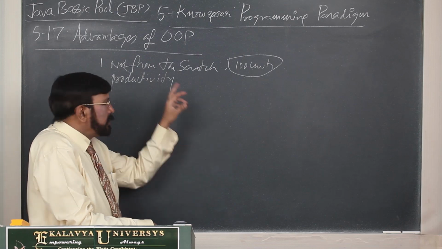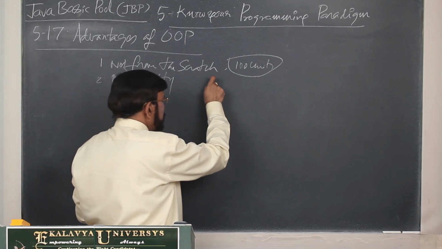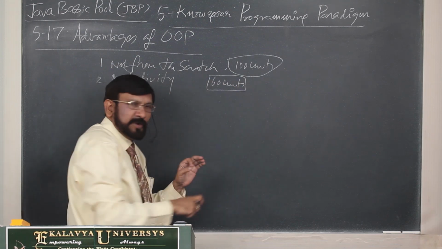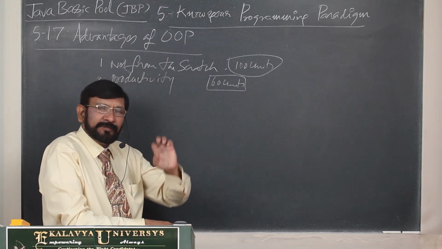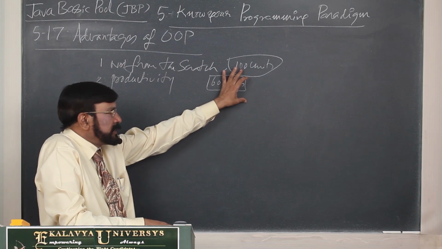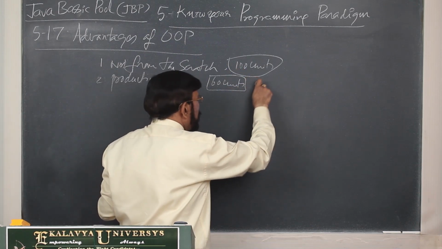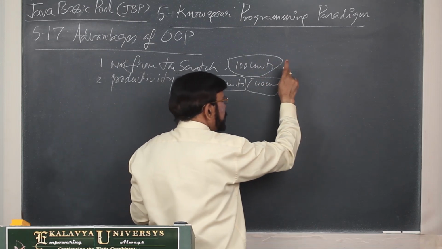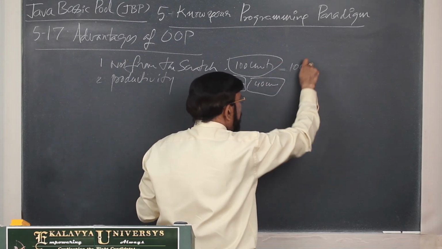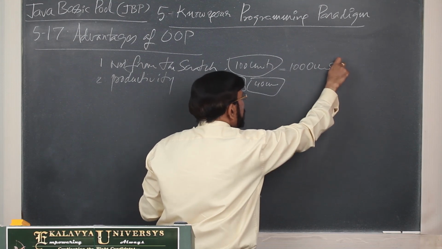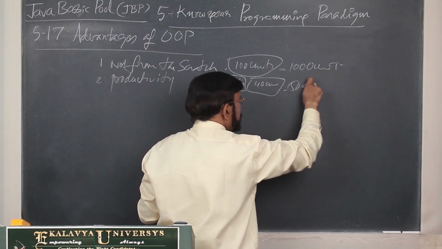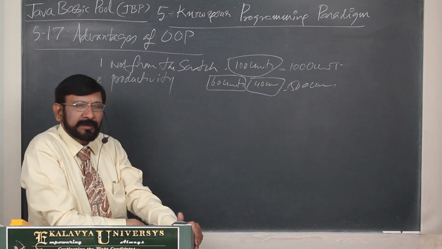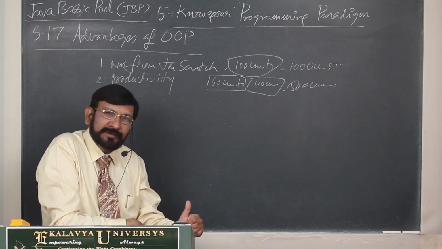Out of 100 units, 60 units of components are available readily, and with some change, or even without changes, we can use them. So we have to develop only 40 units. Suppose it requires 1000 units of time, then with 500 units of time or much less than that you finish it. That's why productivity is highly increased.